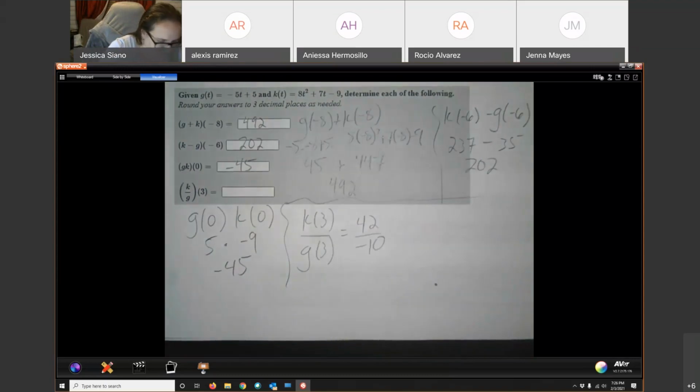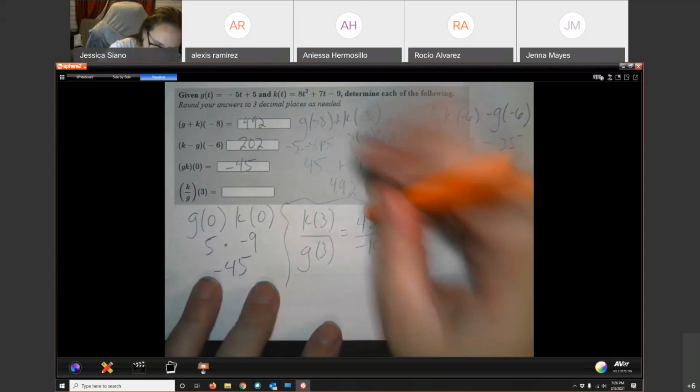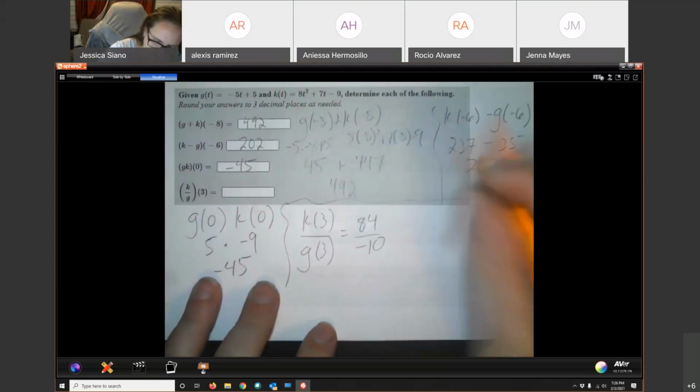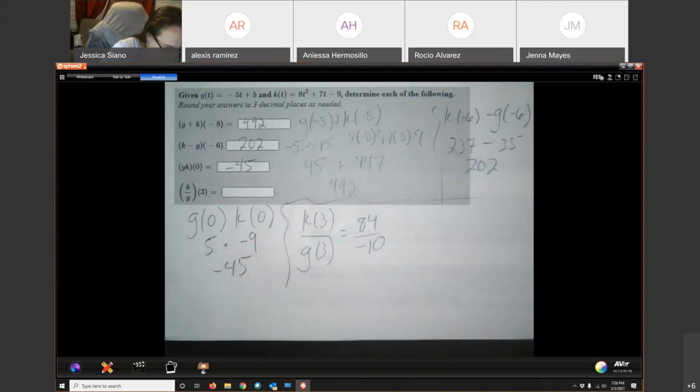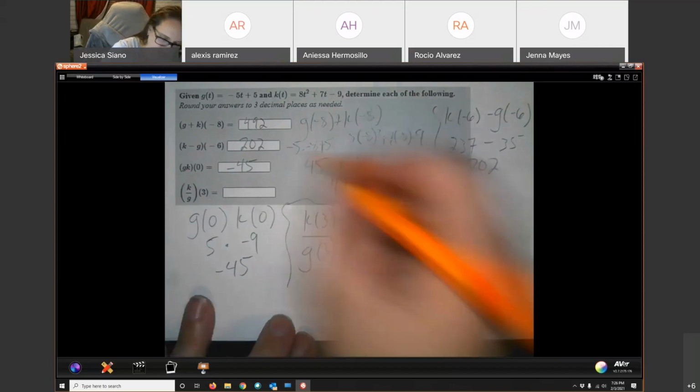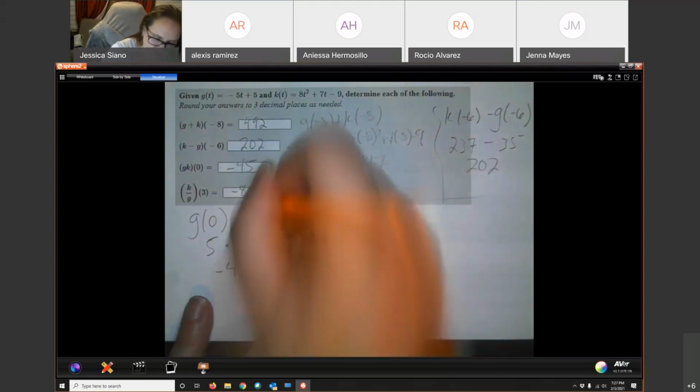Oh, that was plus 7 times 3. I knew I did that one wrong. Okay, plus 7 times 3. 84. You know, I think I might have done minus. Let me check this one. No, I did that one right. So then 84 divided by negative 10 is going to be negative 8.4.